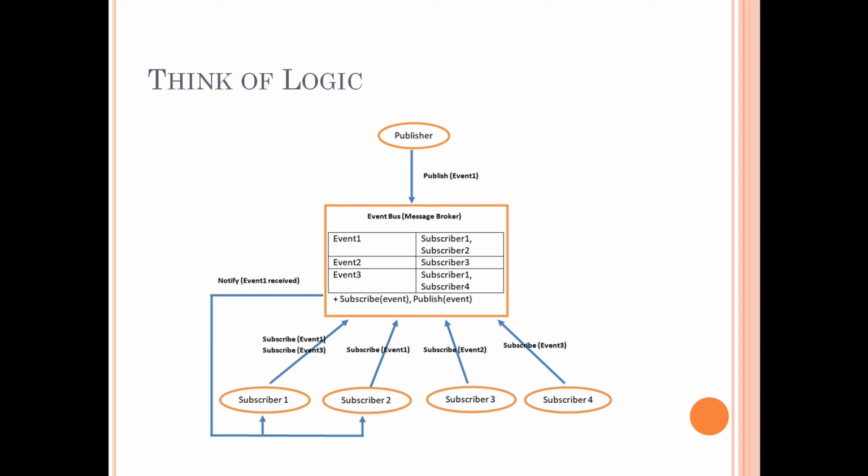And the e-commerce website will work as a publisher. So whenever a new event comes, it will forward that event to this event bus, and this event bus already knows who all are subscribers for that particular event, and then it will just notify those subscribers. So this is how this whole system will work here.